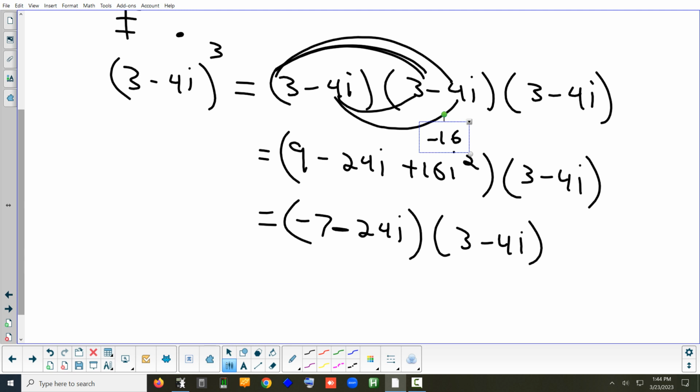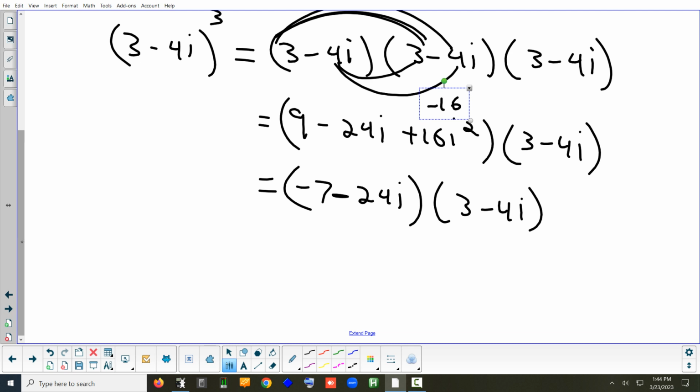Because we're cubing it, that's the last time. But again, imagine this to like the 300th power. You got way too many multiplications. You couldn't do that. So you got to come up with something better, which is what we're going to look at. All right, let's do this out. What's negative 7 times 3? And then we get negative 7 times negative 4, 28i.